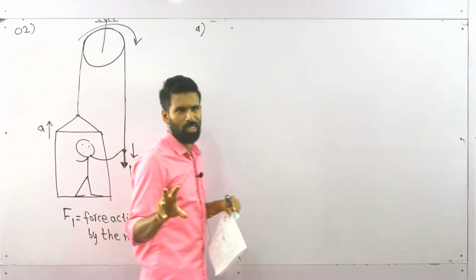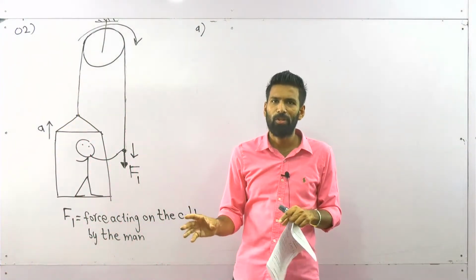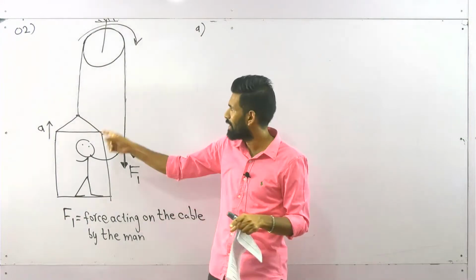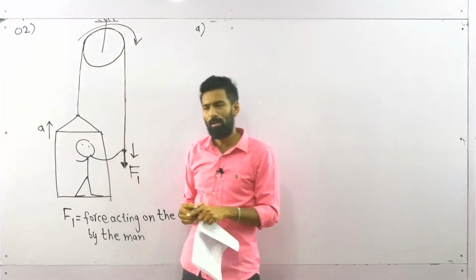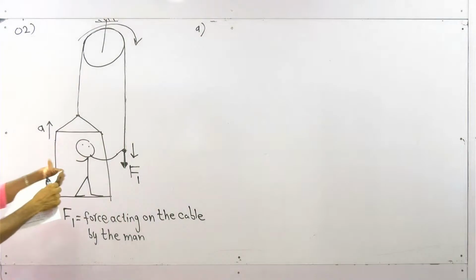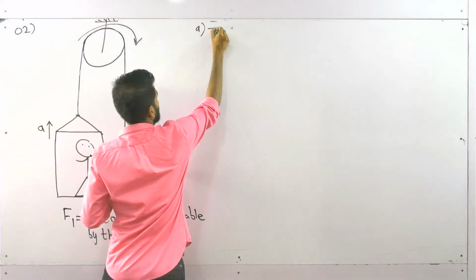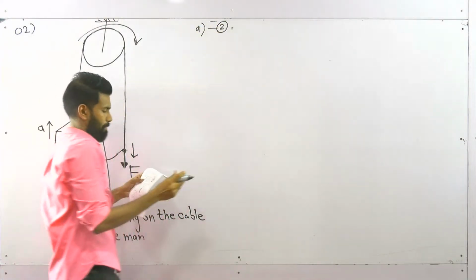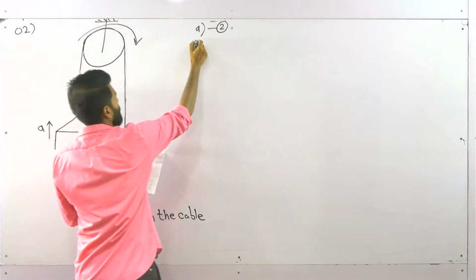If these assumptions are met, the tension of a string will not change when it passes over the pulley. I have given you 2 marks for these 4 assumptions. Then part B.